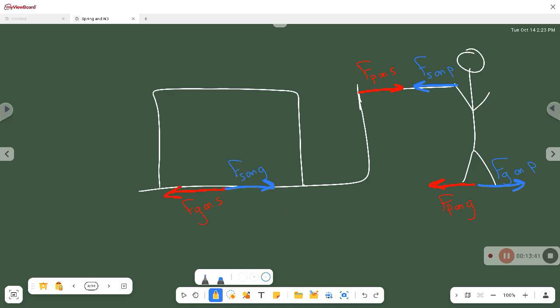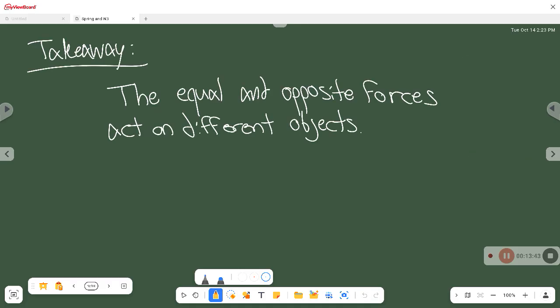Okay? Now, key takeaway here. Sometimes people get confused. They're like, wait a second, if I have an action force and a reaction force, doesn't that mean that all of my forces will always be balanced? Will I always have zero net force and no acceleration? Well, no, of course not. We know things accelerate because there's a net force. And the reason is because those equal and opposite forces act on different objects.